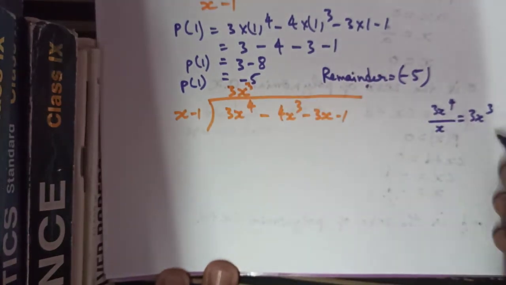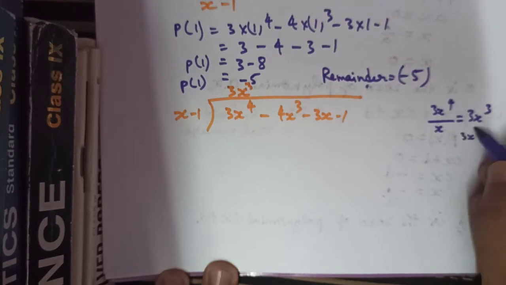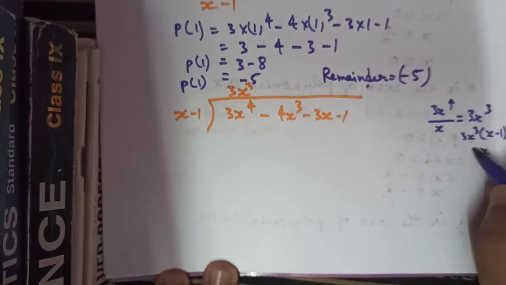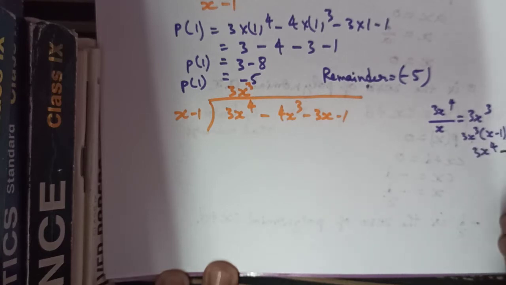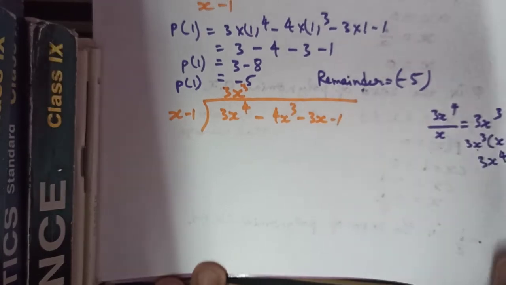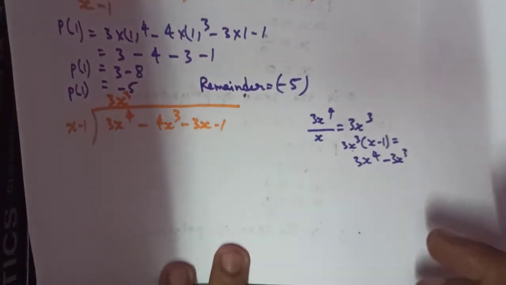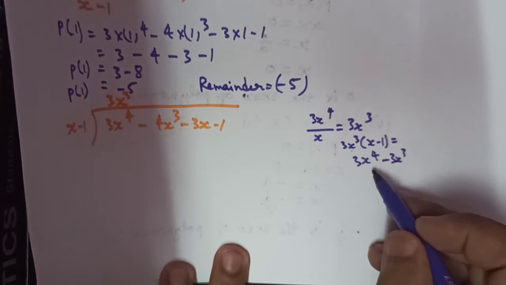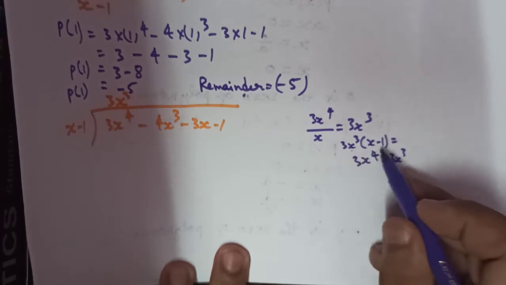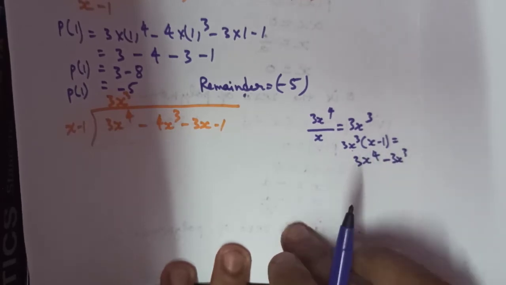Now this 3x cube, when multiplied by the divisor x minus 1, we will get what? Multiplying 3x cube by x minus 1, 3x cube into x will be 3x power 4, and 3x cube into 1 will be minus 3x cube.